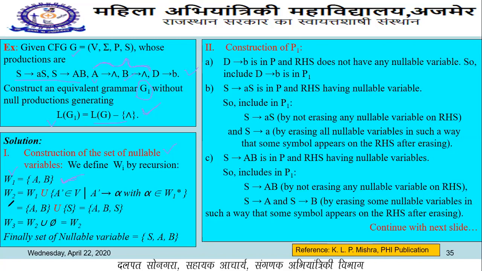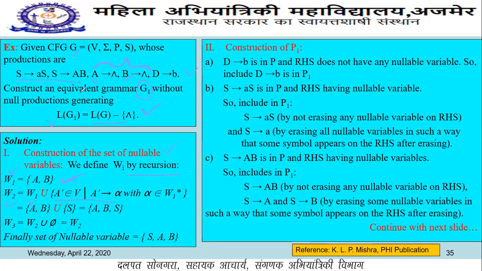Now we construct W2, and of course we know this construction is recursive. So W2 uses W1, and the new set is such that if the previously calculated set of nullable variables, A or B, are derived by any other particular variable, then we include that variable also.